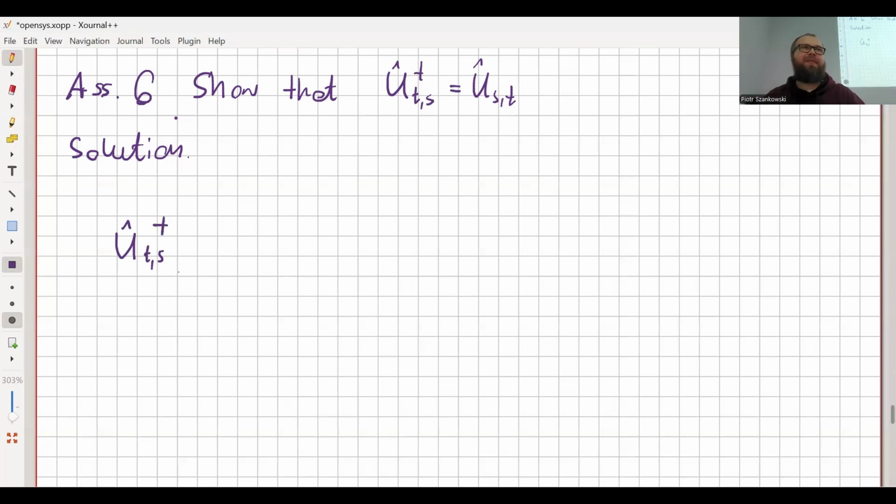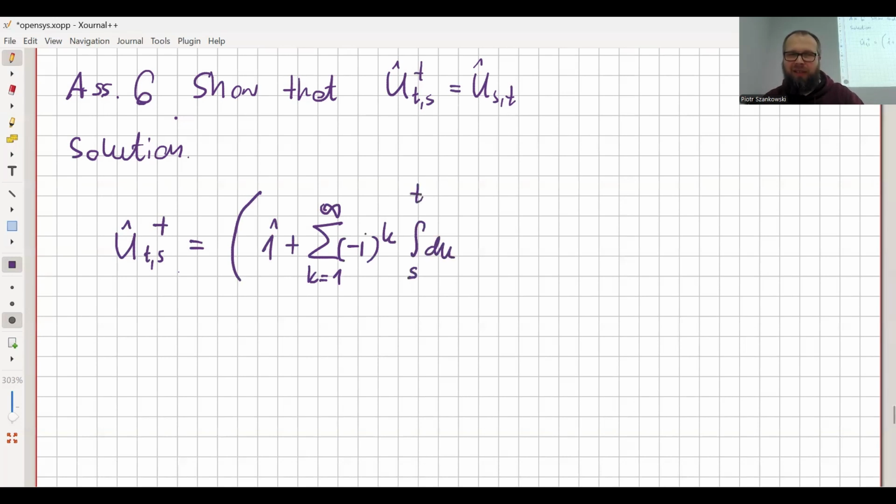Okay, but all right, so let's start by just taking the dagger of our operator, which is, again, we just use our good old reliable series formula. When in doubt, write down the series and go from there.